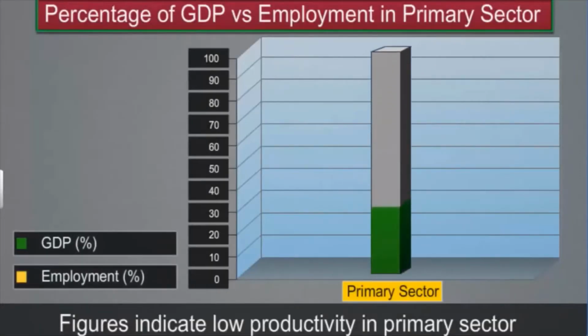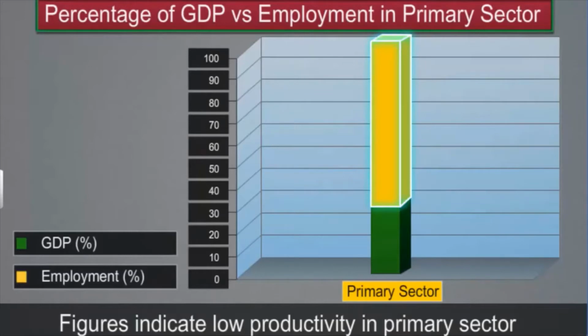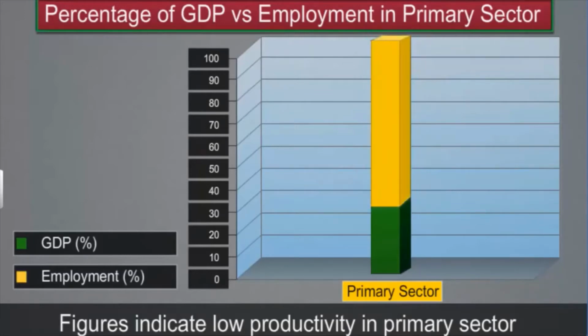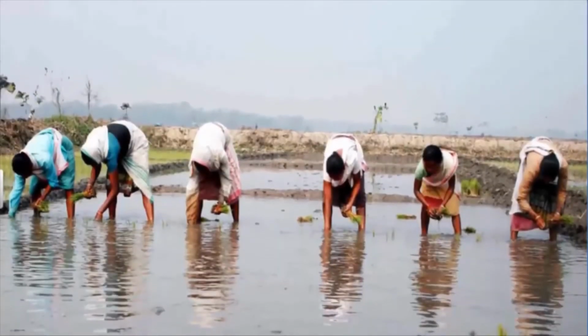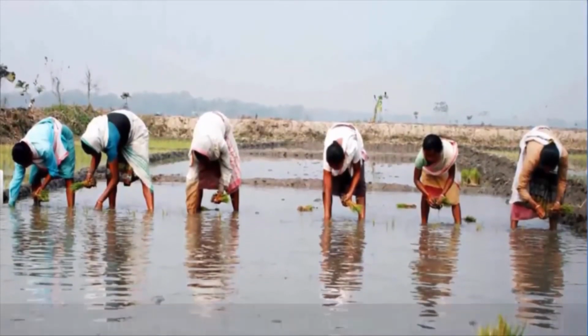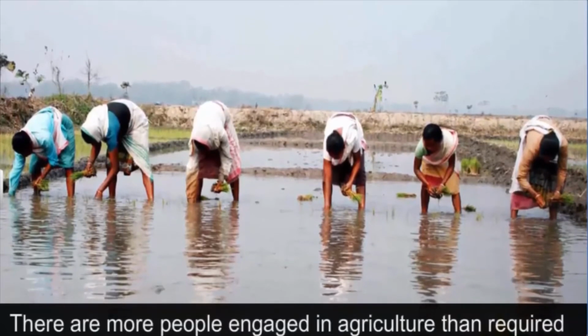The primary sector employs over 50% of the working population, but has a share of only 25% in the GDP, which indicates its low productivity. The reason productivity appears low in the primary sector is that more people than required are engaged in agriculture.